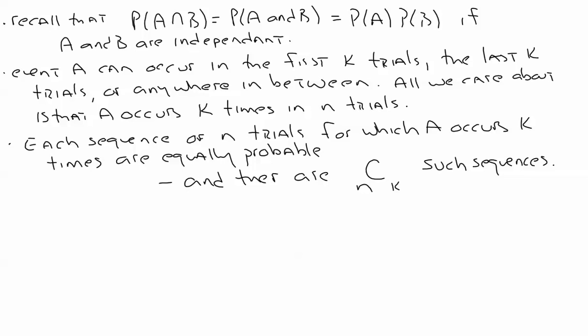So, back to our story. Probability that in N trials, event A occurs K times equals... That's what that looks like from 2 slides back.